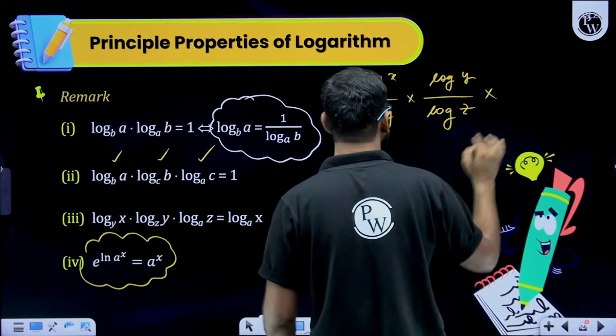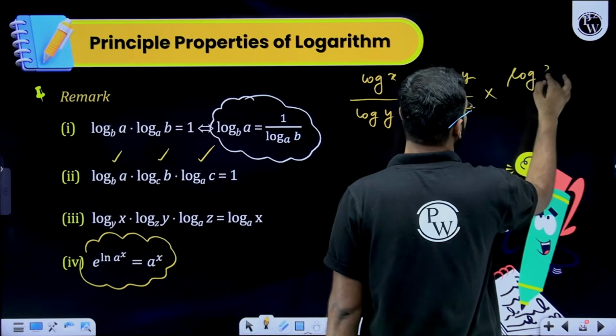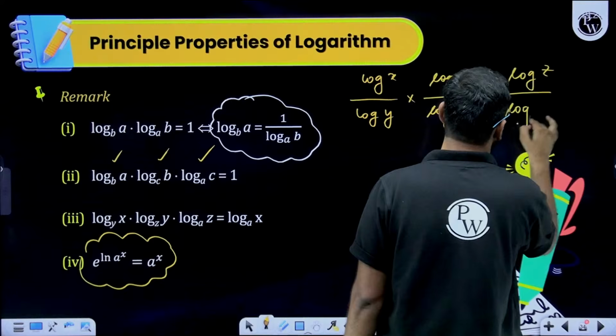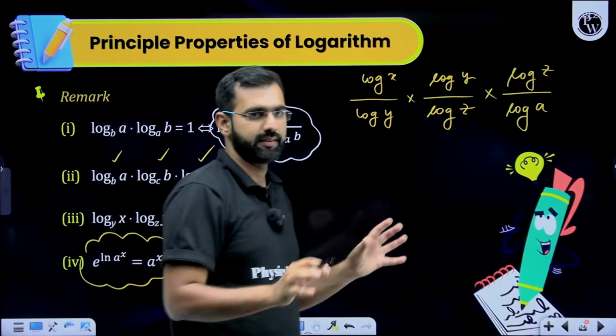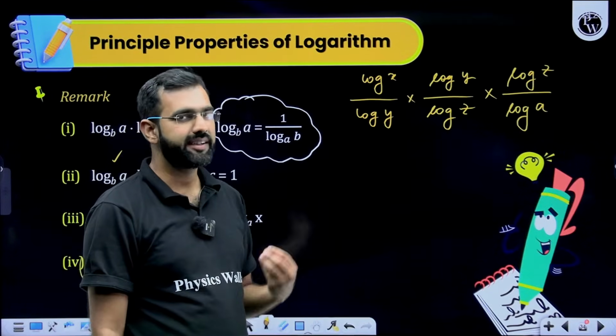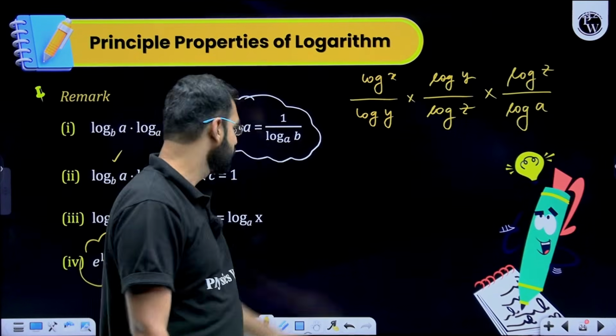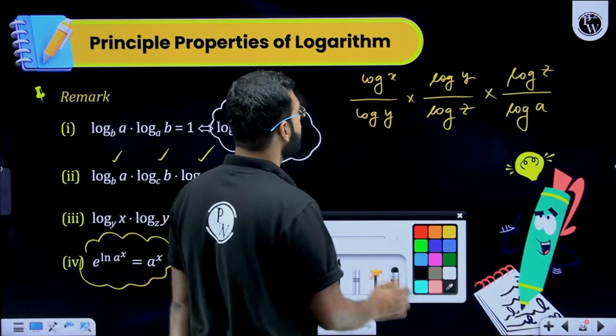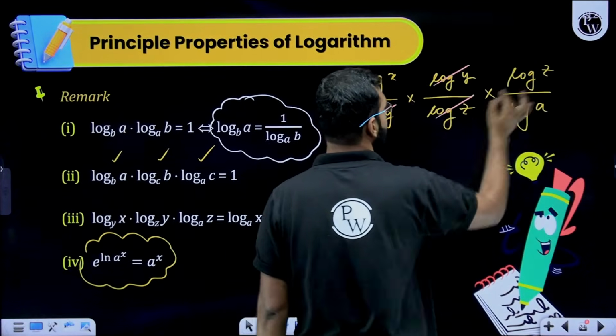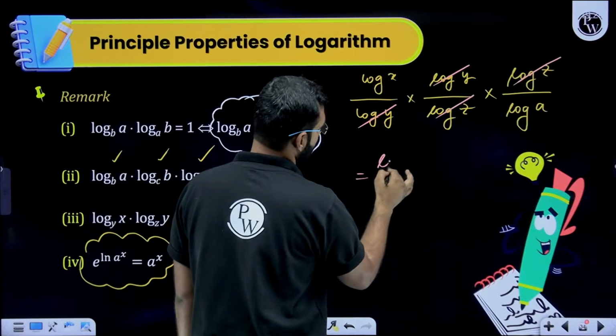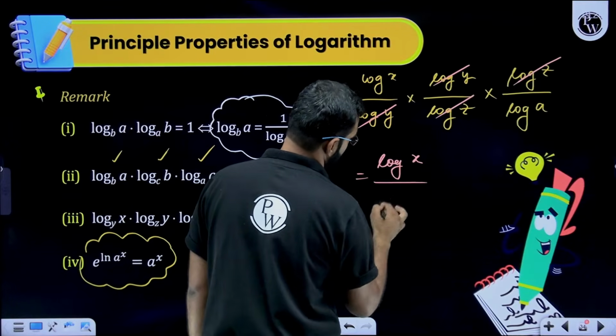Into this log z base a, can I write that as log z by log a? Now you can have any base, base 10, base e, base 5, base 3, whatever base. Of course, base should always be positive and not 1. So when I now simplify this, I hope you can see log y, log z cancelled. So I'm still left with log x by log a.